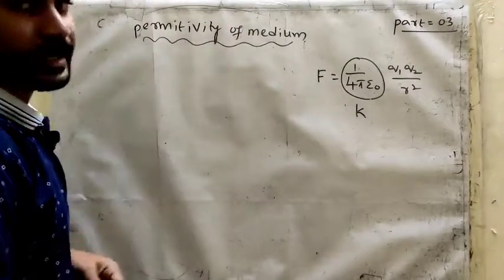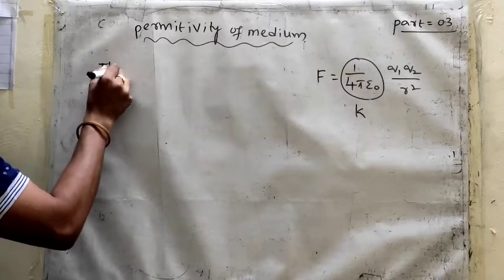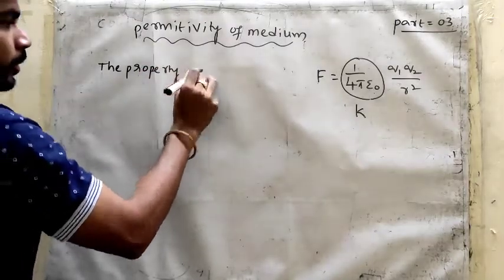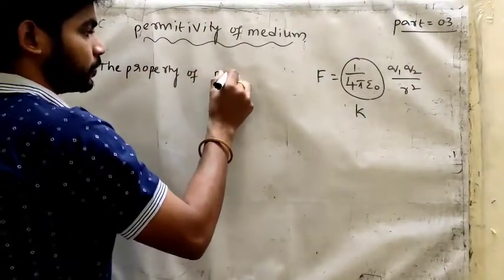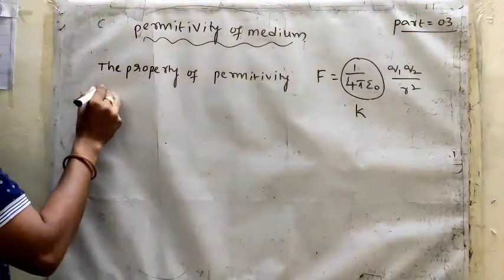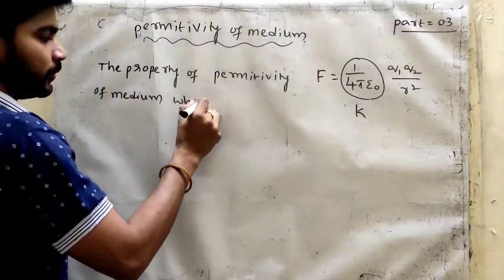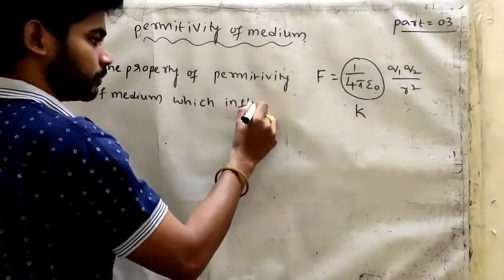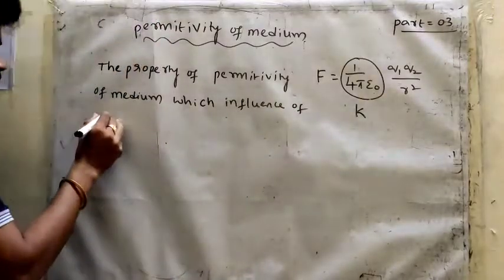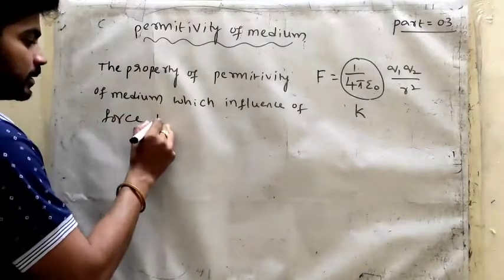Now in medium, what is the medium? Permittivity of medium is the property of the medium which influences the force between the charges.